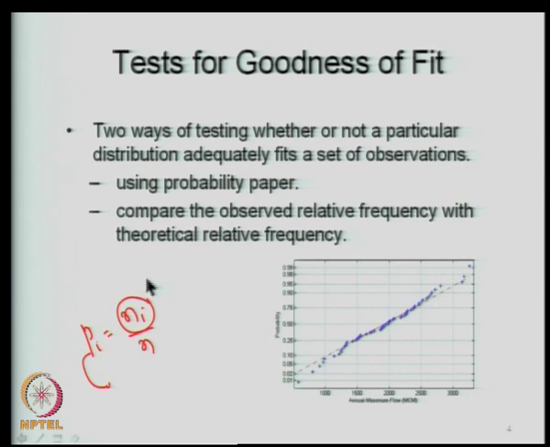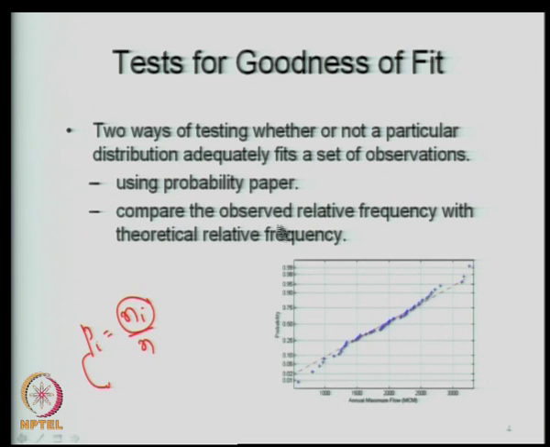So, for each of the class intervals we should calculate the relative frequency arising out of use of the normal distribution. So, you have on one hand the observed relative frequencies, on the other you have the theoretical relative frequencies arising out of the particular distribution, which we also call the expected relative frequency.